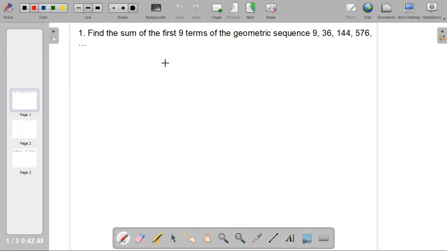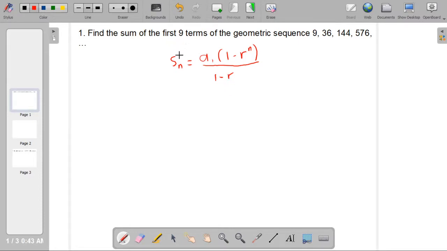So what formula are we going to use? We're going to use the formula S sub n equals a sub 1 times 1 minus r to the exponent of n all over 1 minus r. So we're going to use this formula.